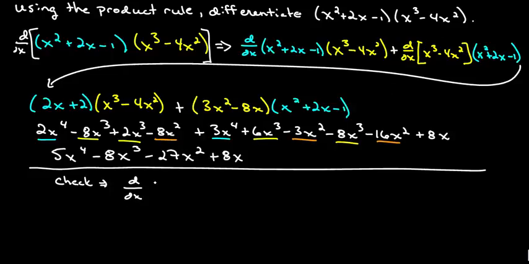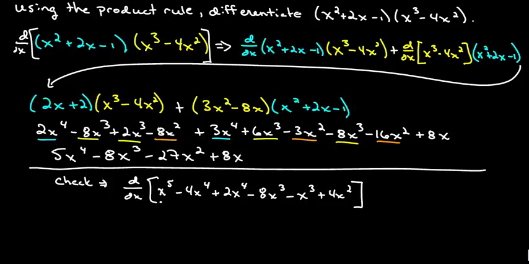So we've got d/dx of, now let's multiply this out: x to the fifth minus 4x to the fourth plus 2x to the fourth, minus 8x to the third minus x to the third plus 4x squared. That's 1, 2, 3, 4, 5, 6 terms.